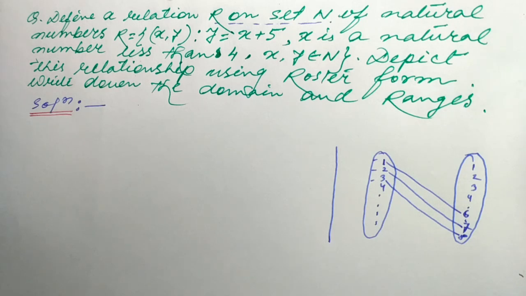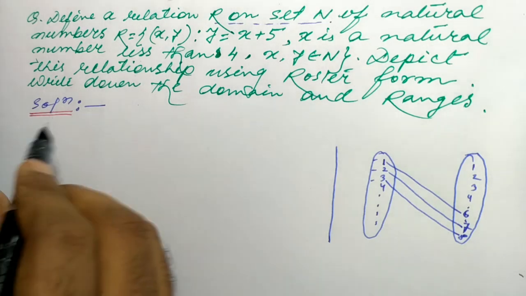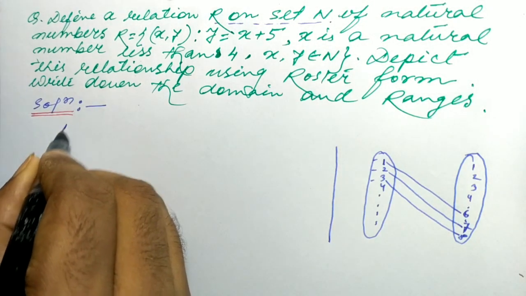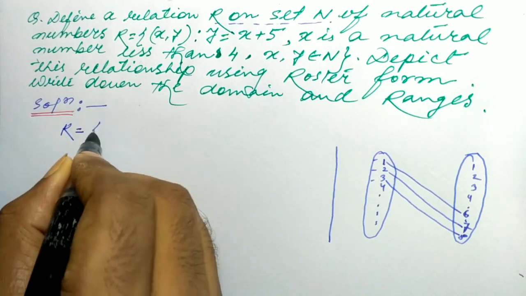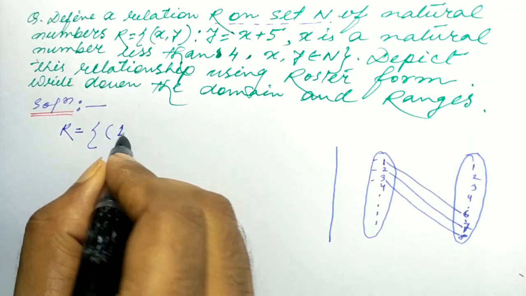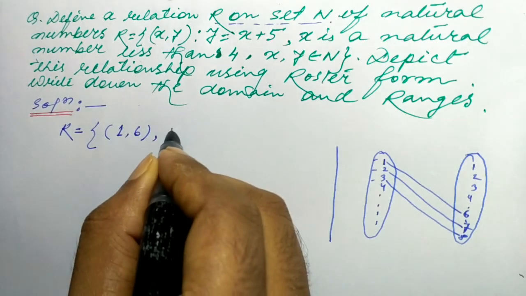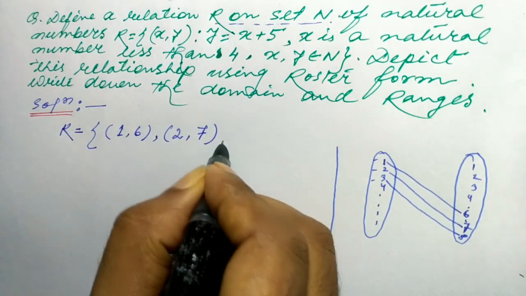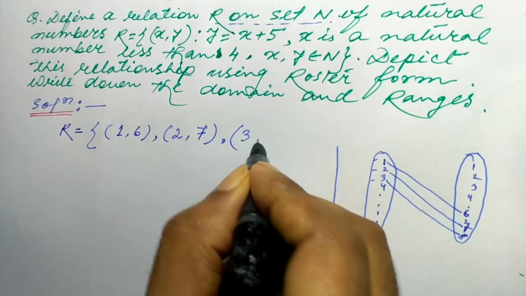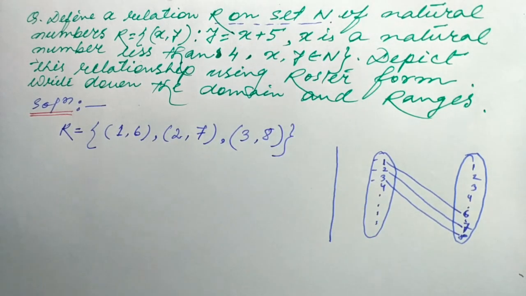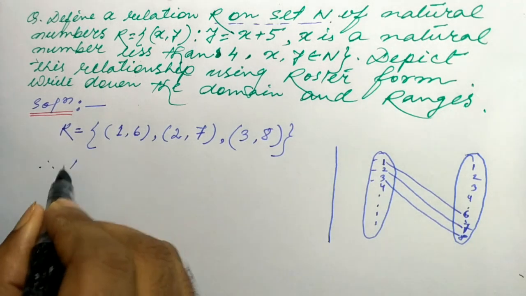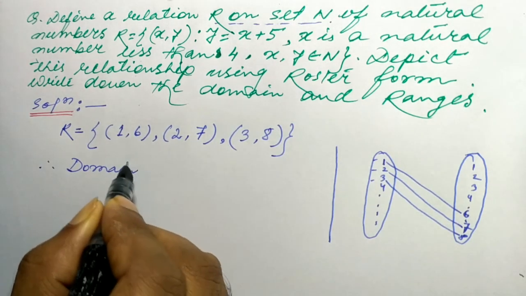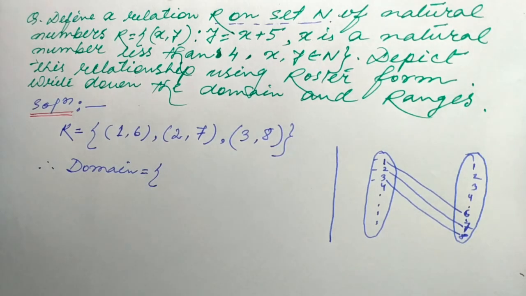Now we write this relation in roster form: R equal to {(1, 6), (2, 7), (3, 8)}. Clear? Now we write down the domain. Domain means all permissible inputs.